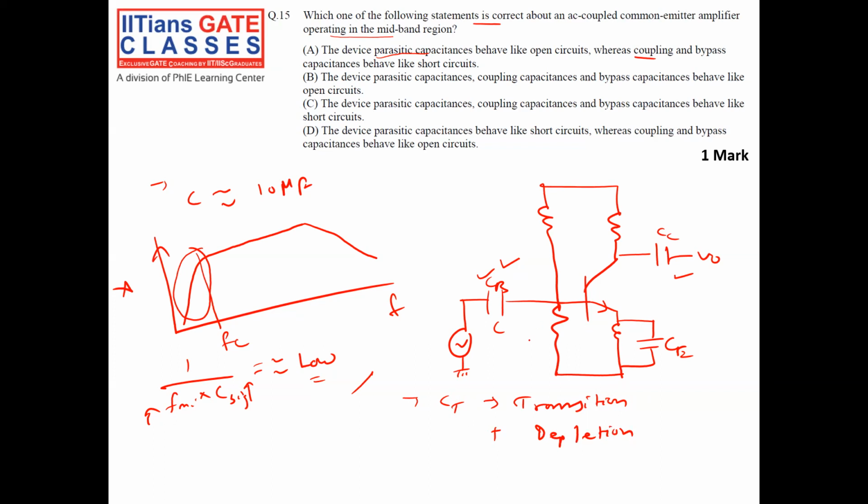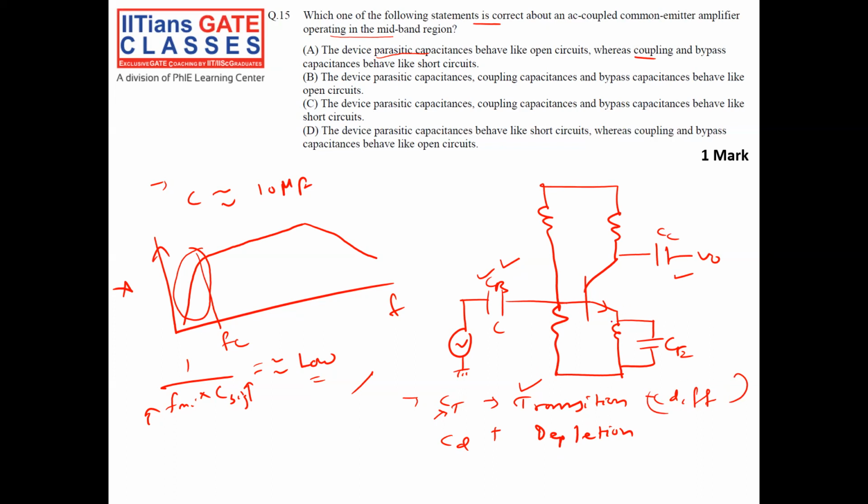One is called CT, transition capacitor, another is called CD, depletion capacitor. The depletion capacitor is because of the depletion region in the PN junction. Or I can say it's called C diffusion, right? Diffusion capacitance. This will come into picture when I forward bias the diode. Okay, whatever may be the reason, right?